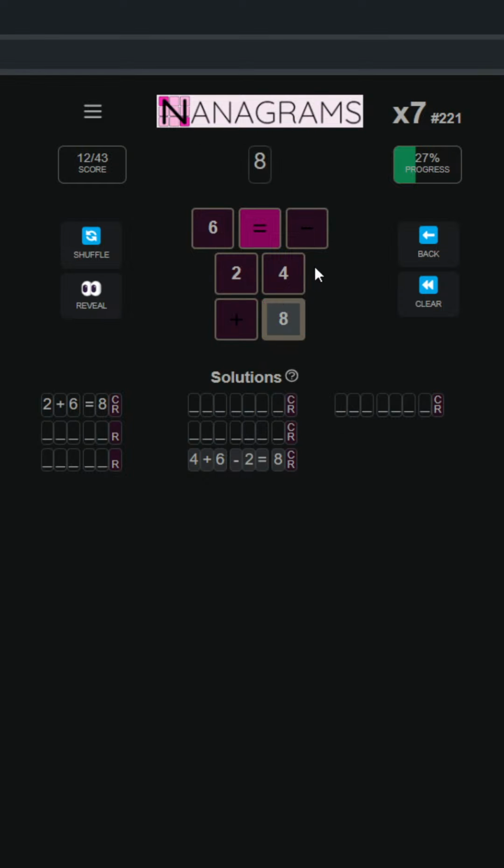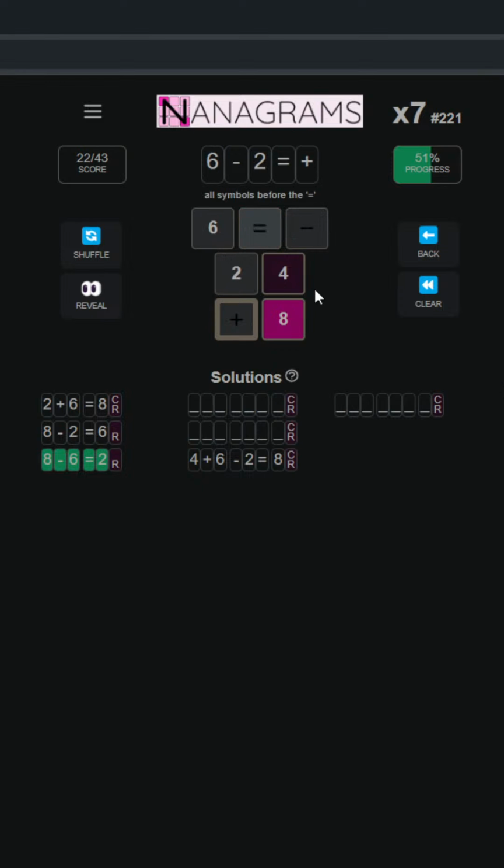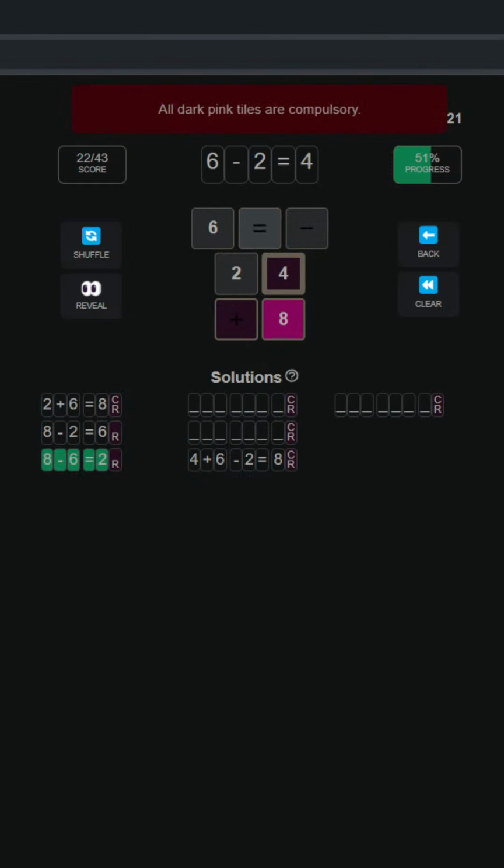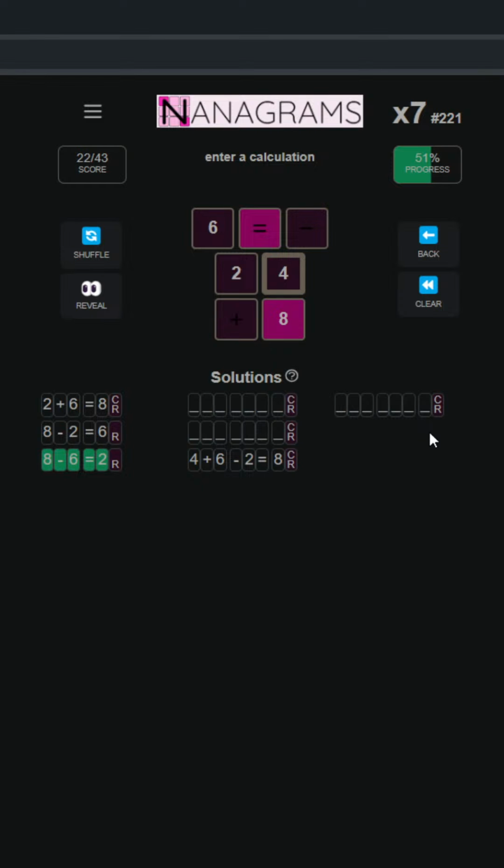I know 8 minus 2 is equal to 6. I know 8 minus 6 is equal to 2. I know 6 minus 2 is equal to 4. Oh, equal to 4. So I have a couple of these left to do.